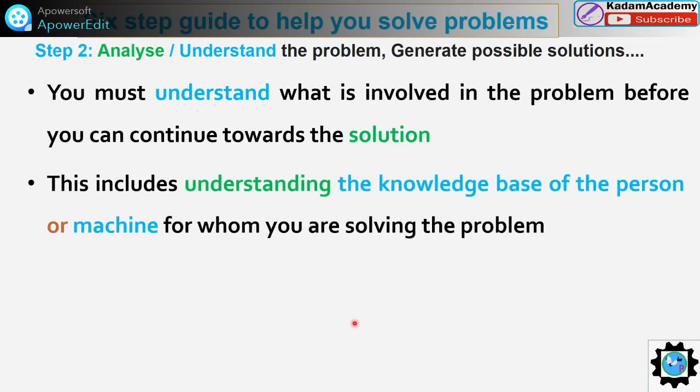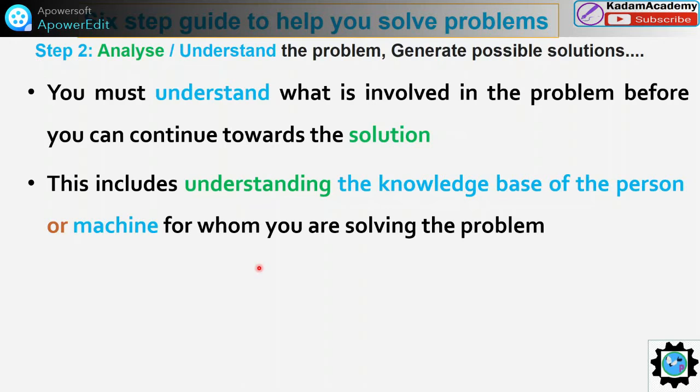Friends, this includes what? I have already told you: the knowledge, subject, communication. This includes the understanding of the knowledge base, how much knowledge the person or machine for whom you are solving the problem has. That person must have some knowledge to solve this problem.